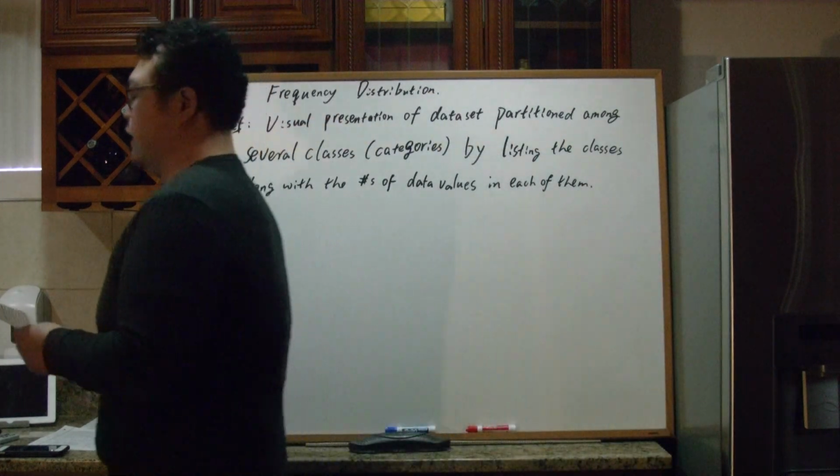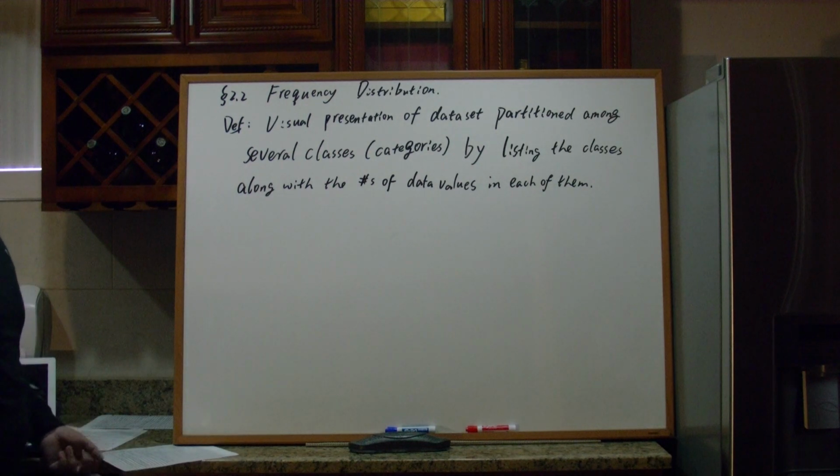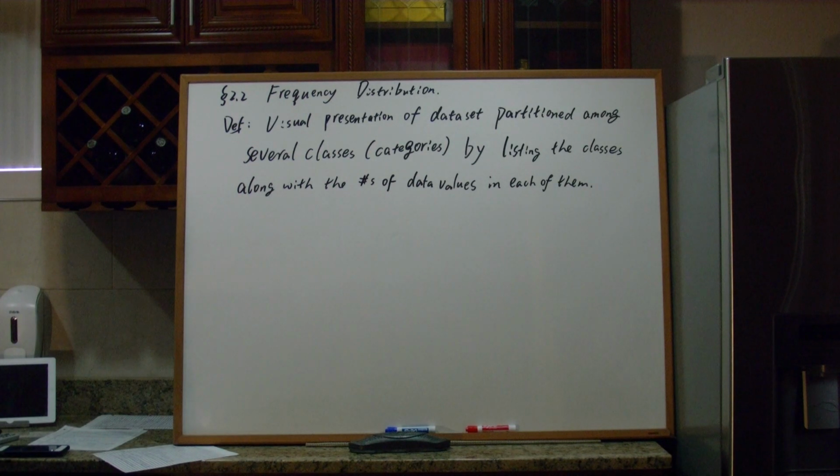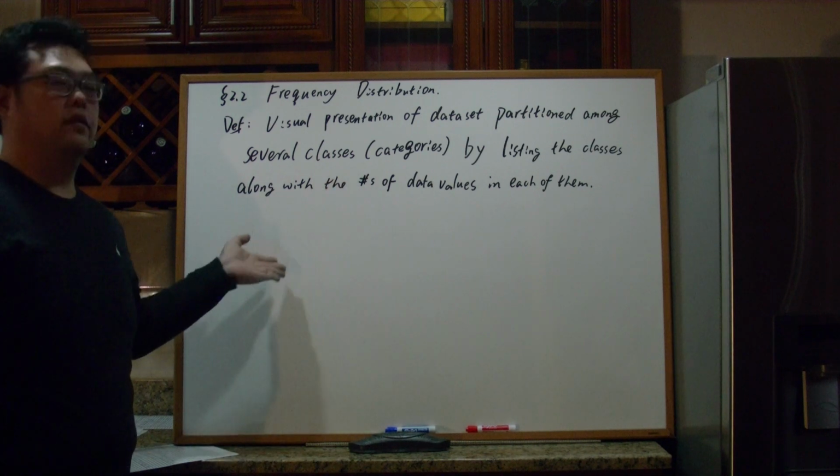We have an original data set, and we separated or partitioned them into several classes, listing the class values, along with the number of data values in each of the classes.